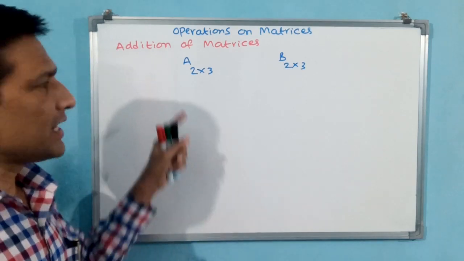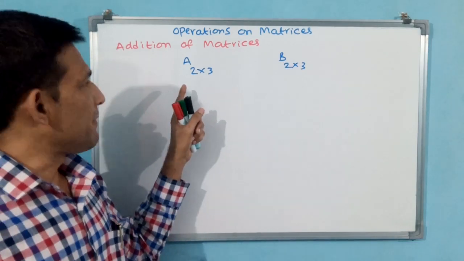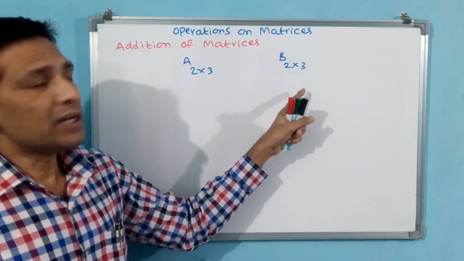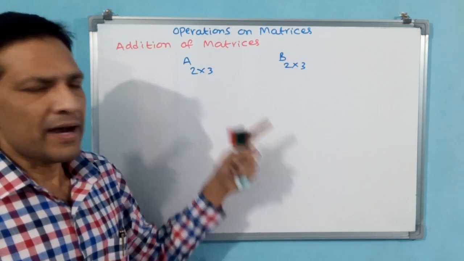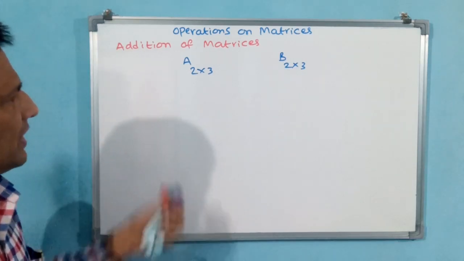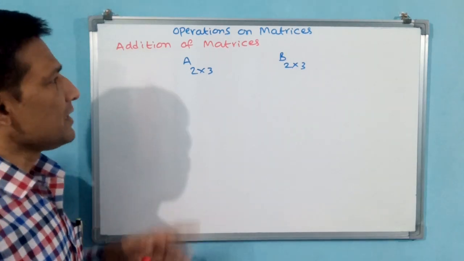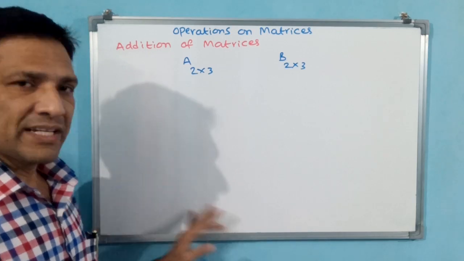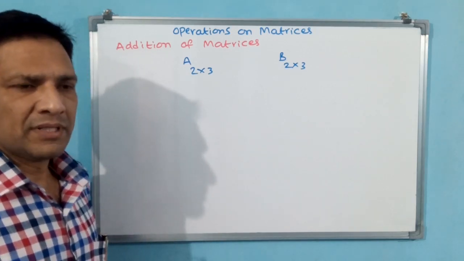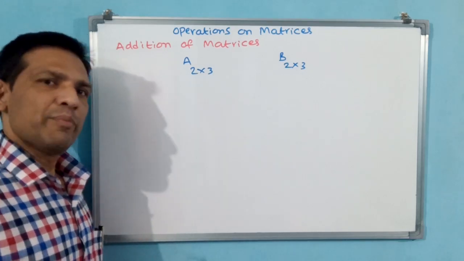Order, I am talking about order. If matrix A is 2 by 3 order, then order of matrix B also should be 2 by 3 to add, or else we are not able to add. This is the fundamental principle. Let us see one theoretically, and practically also we take one example. Like that we go on with these concepts until we reach 3.2 exercise.